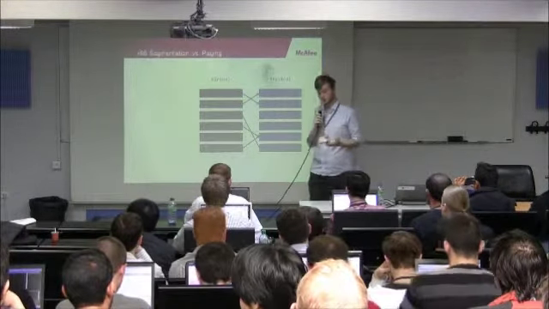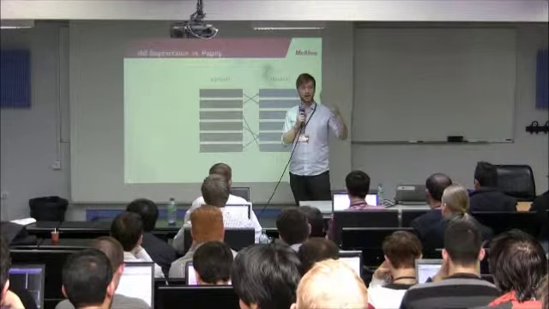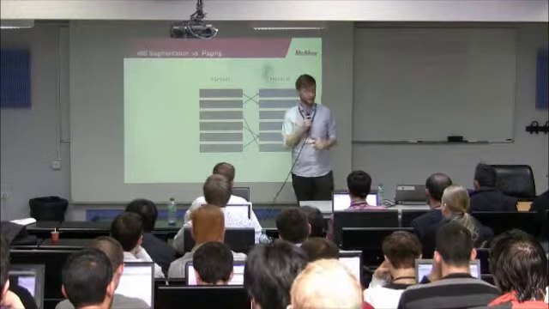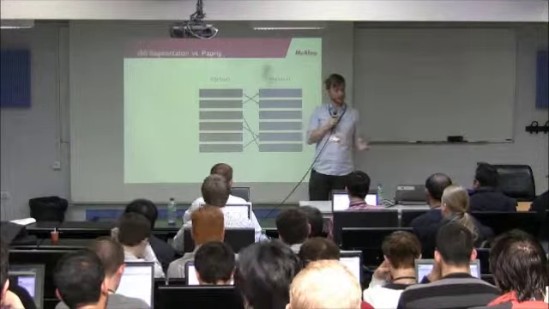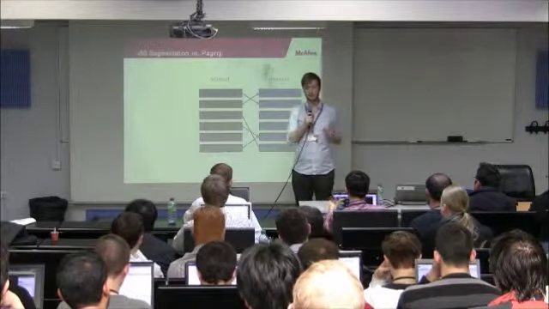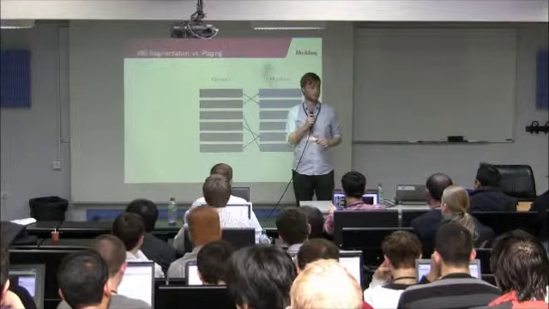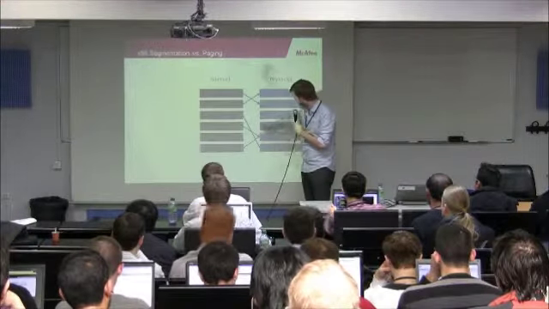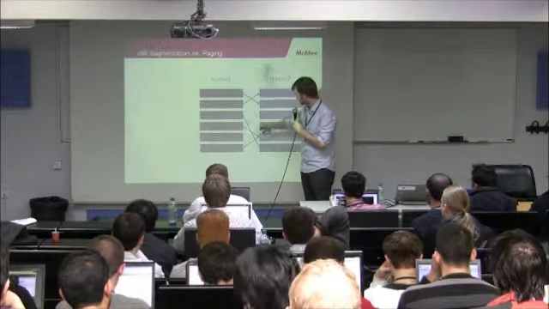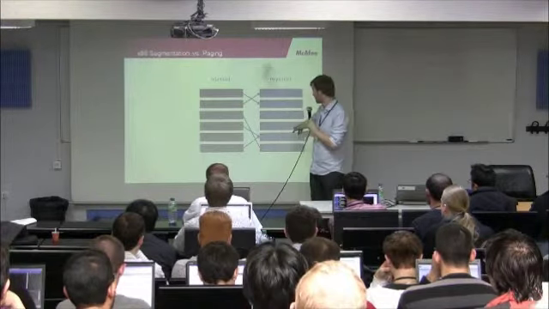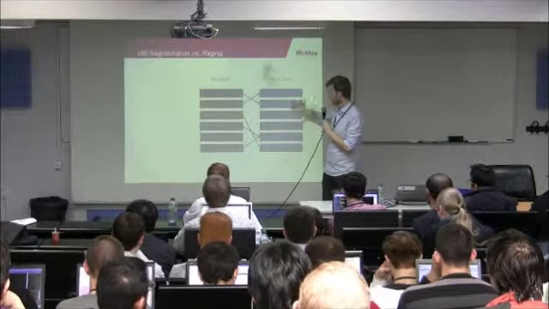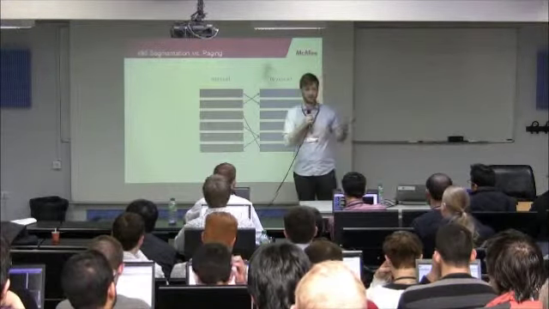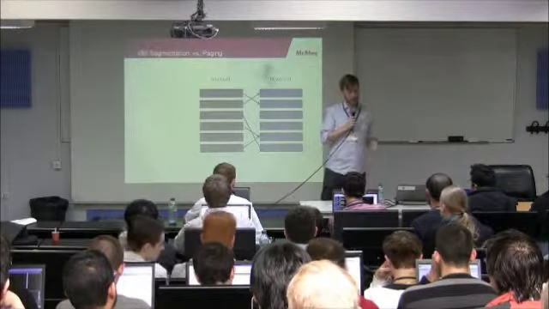And the virtual address space of a process doesn't have anything to do with the real physical addresses. Instead, there are tables that map each of these 4 kilobyte blocks to the physical memory. So you can have arbitrary mappings. As you can see, 2 virtual pages can even be mapped to the same physical memory, or some virtual pages are not mapped at all. That will generate an access violation if you access them.